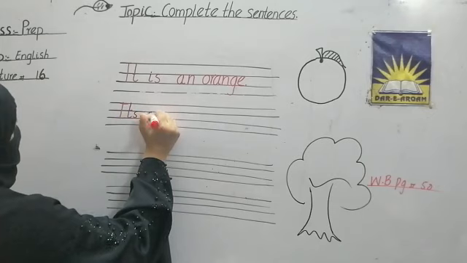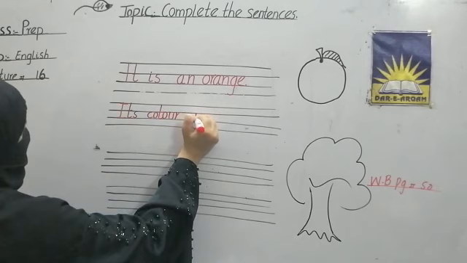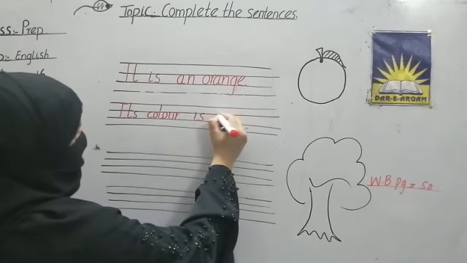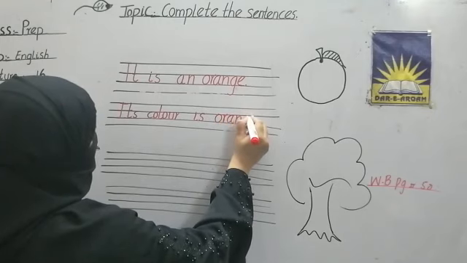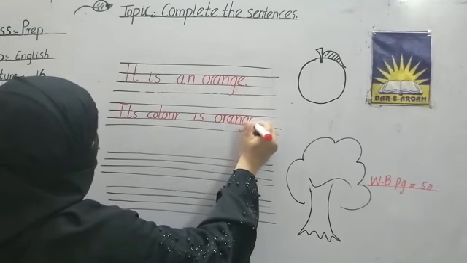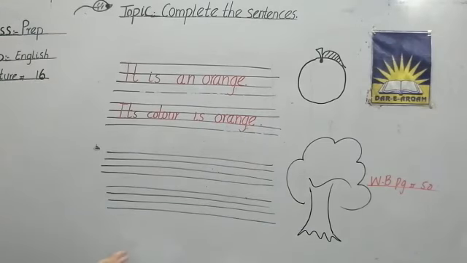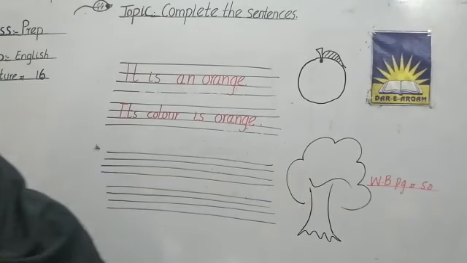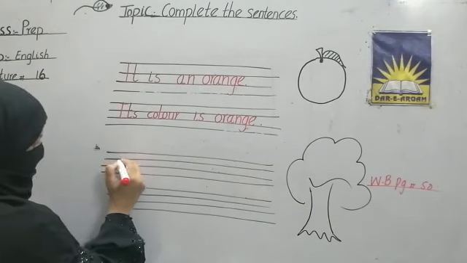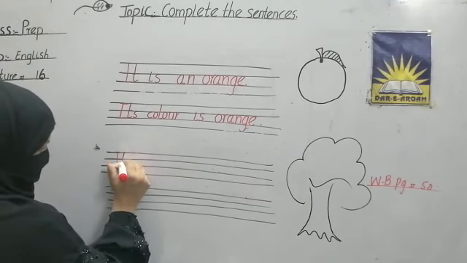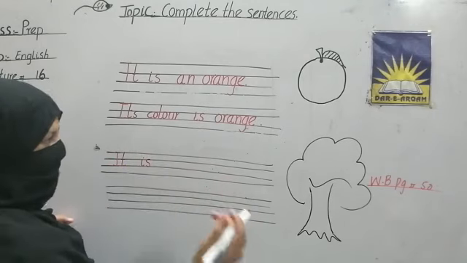Its color is orange. At the end we mark a full stop. Good. And next picture, what is it? Tree. It is a tree or an tree?